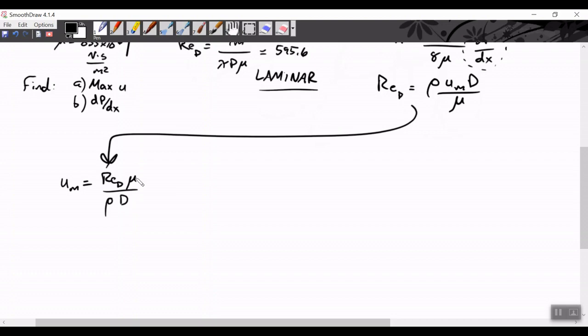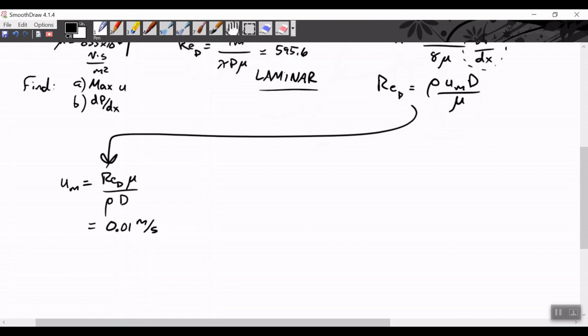And we know all of our values for there. We know the Reynolds number. We looked up viscosity, density. We know the diameter. So we can solve for our mean velocity, which is 0.01 meters per second. Again, the mean velocity is the average velocity of the flow inside of our pipe.